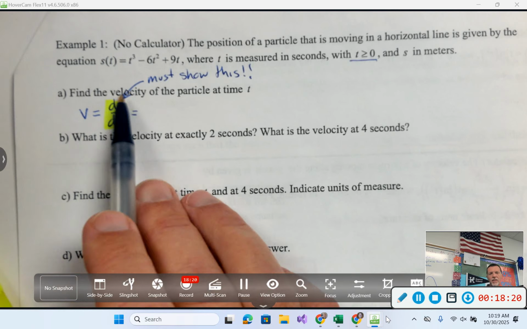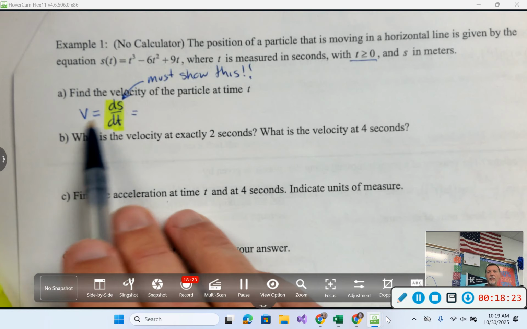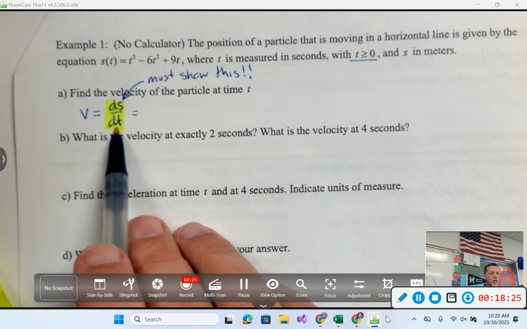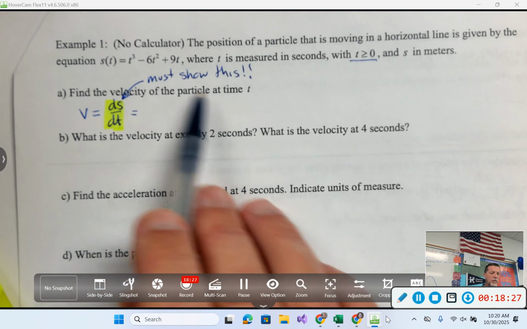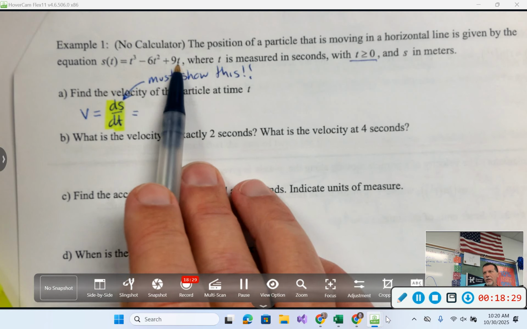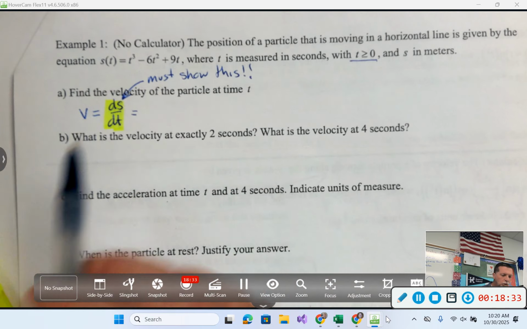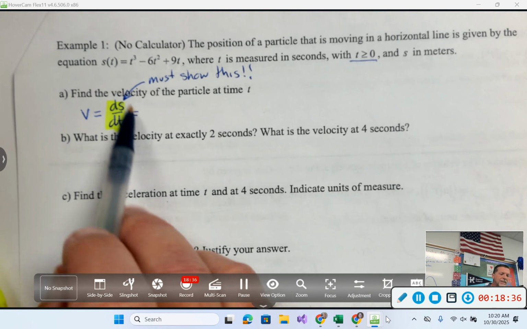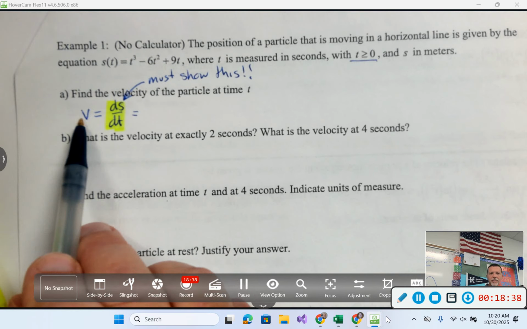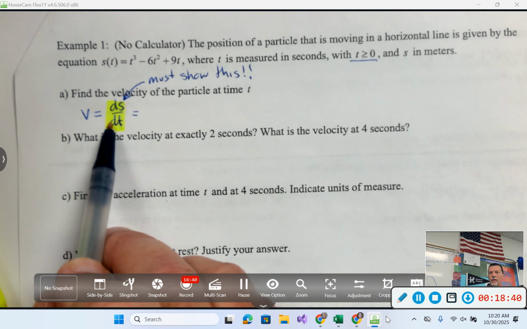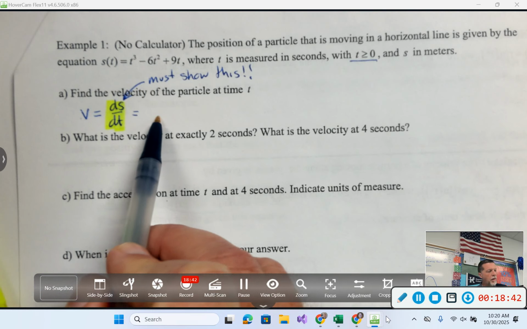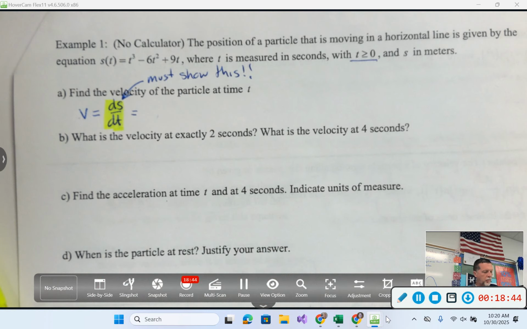You have to say that v is ds dt. I guess the flip side of having to show that is there are points associated with that. So if we get to one where the velocity is weird or crazy or complicated, and you aren't sure how to take a derivative, you will get partial credit by at least communicating that you know that velocity is derivative of position. And then you'll get the rest of the points by accurately taking the derivative of position.